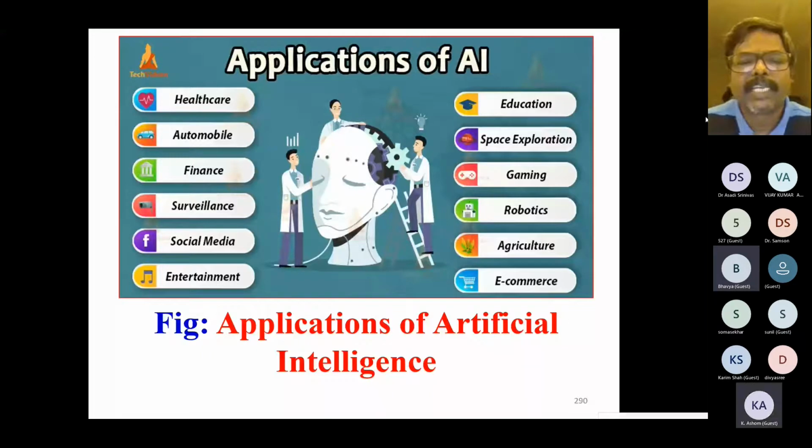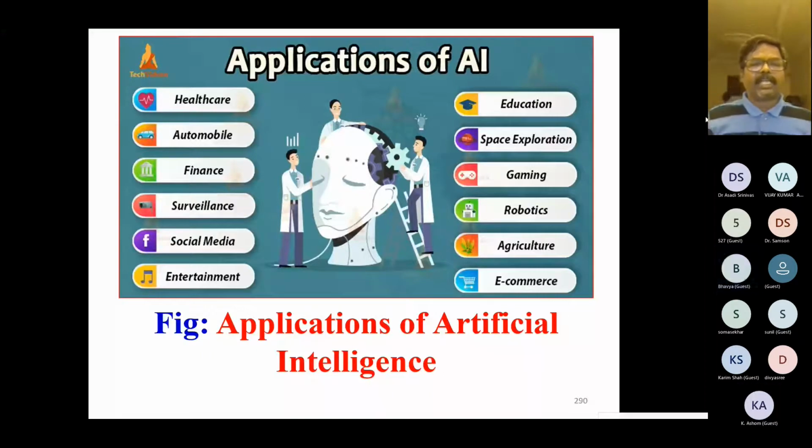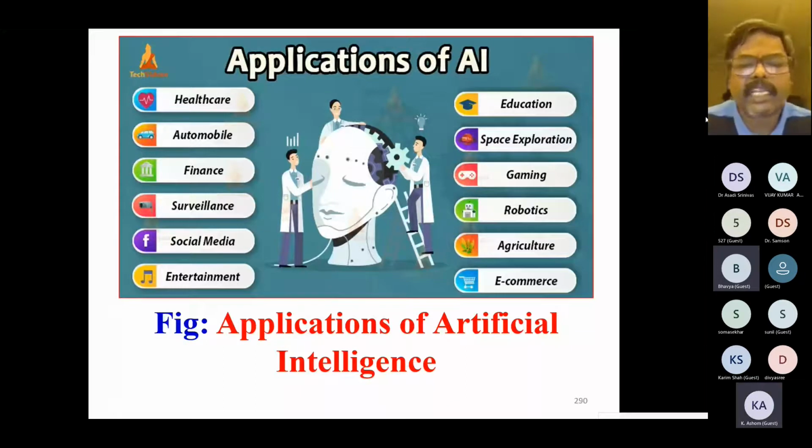That's why in my data science research laboratory, we have executed nearly 101 research projects in healthcare applications, automobile applications, finance related applications, surveillance applications, social media applications, entertainment applications, then education domain applications, space exploration, gaming, robotics, agriculture, e-commerce, etc. These are the various applications of artificial intelligence.